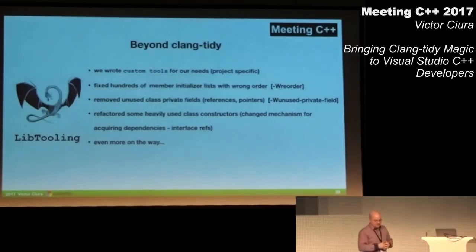And with lib tooling, you have access to the complete AST, and you can leverage existing tools, existing refactoring tools, like renaming tools, or you can write your own transformations. So the big step that you have to do, the leap, is you have to make your code base compile under Clang. So that's the first milestone. After that, what workflow you developed is very specific to your needs and your priorities.